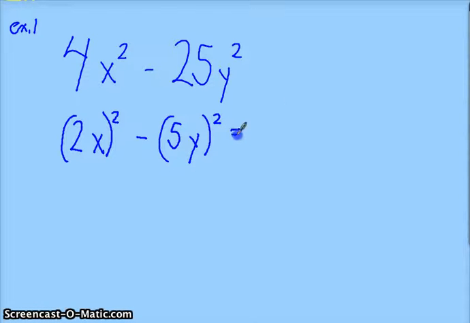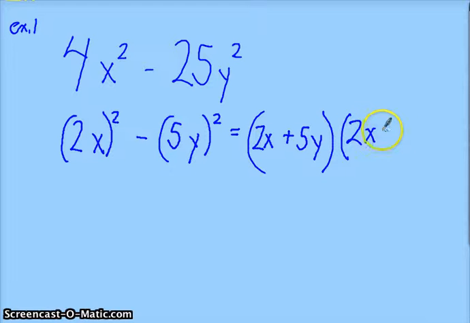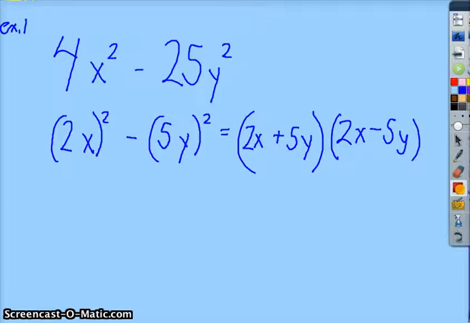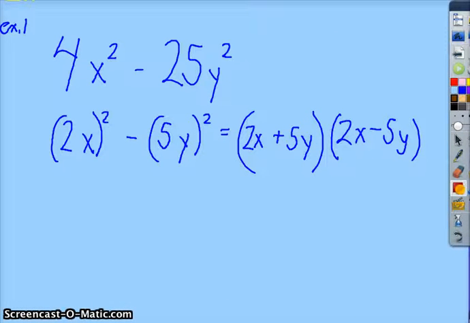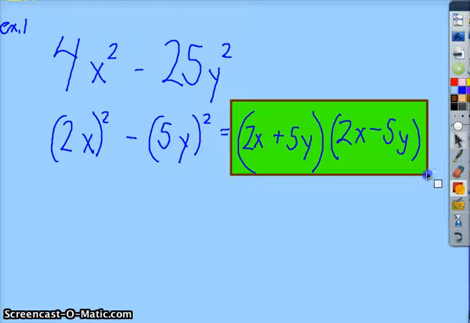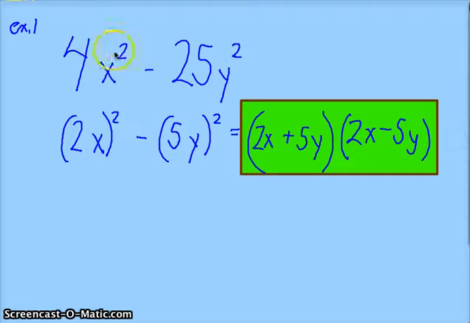Using our formula, what we have is 2x plus 5y multiplied by 2x minus 5y. And what we have just done is factored 4x squared minus 25y squared.